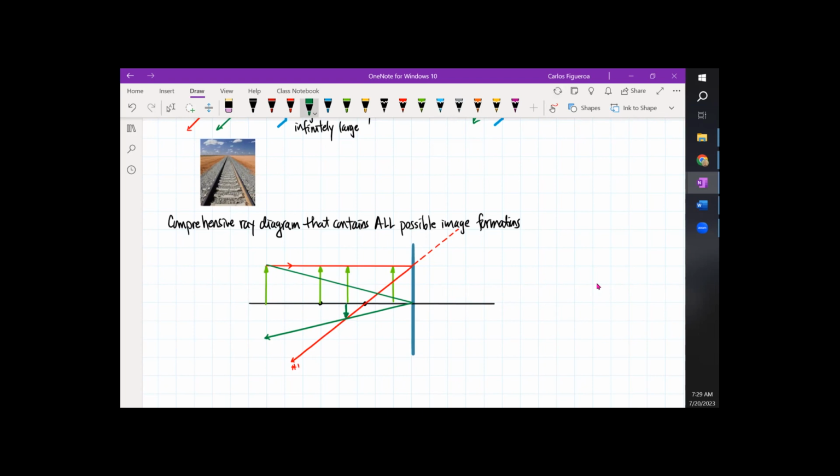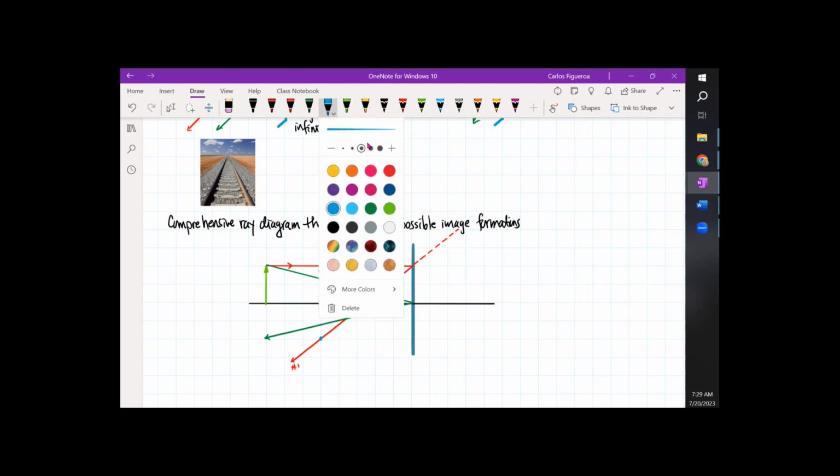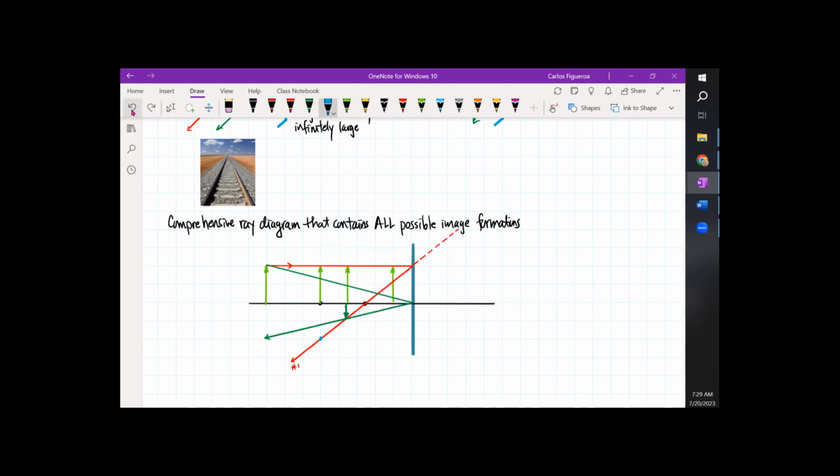Now I'm going to change color, and I'm going to use blue. So look at this guy. Here's my image point right here. Oops, that's too big. So here's my image point right here. So that ray has to go through there. Now let's go look at that.